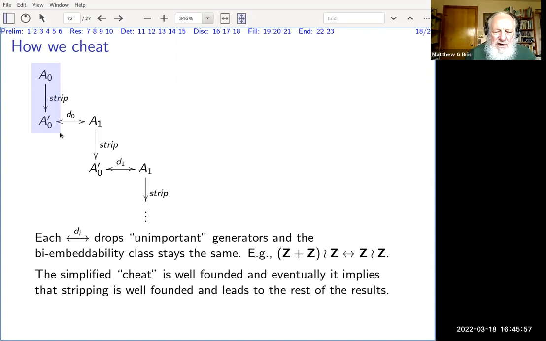But what turns out is you have changed the group, but you have not changed the bi-embeddability class. And so even though the group has gotten simpler, you have not jumped down an illegal amount. And that turns out to be key to the analysis. And that's as much detail as I can possibly give about that.